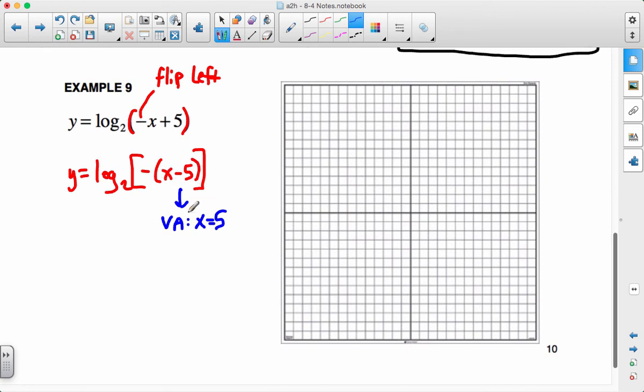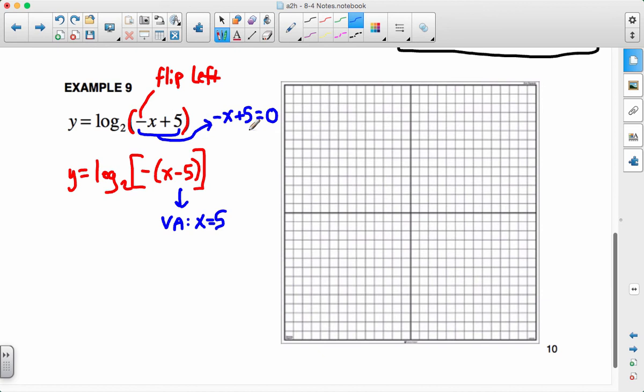Do I really need that? I mean, I could just take this whole junk right here, set it equal to 0, right? Remember, the vertical asymptote means the boundary, any log can't be 0, so I could just go negative x plus 5 does not equal 0.